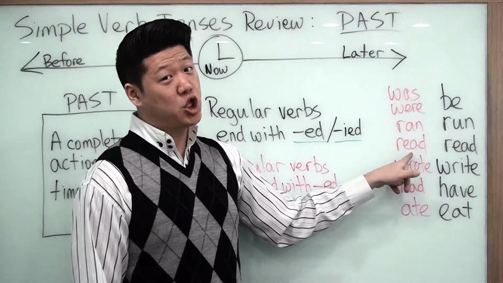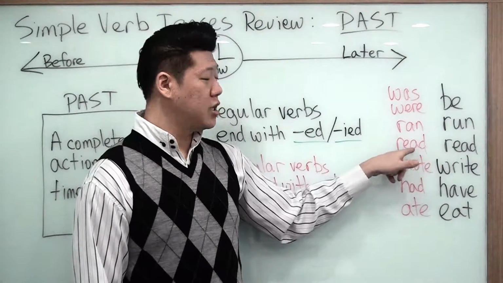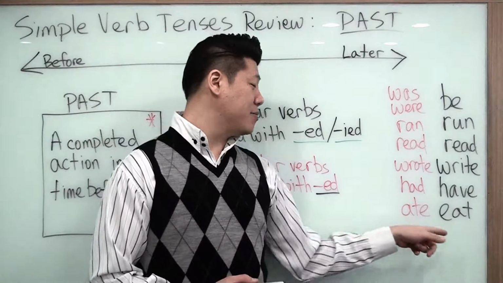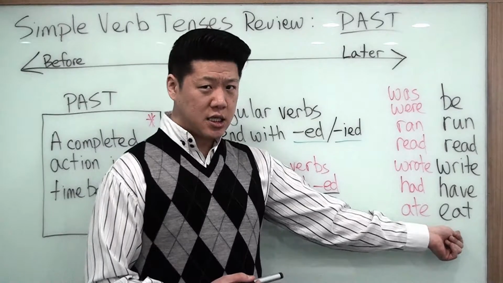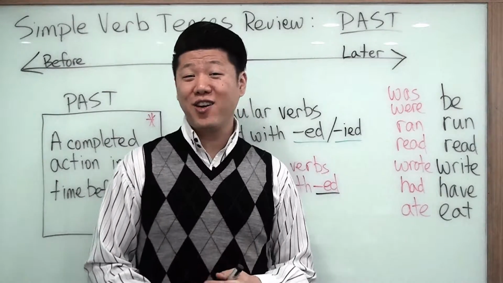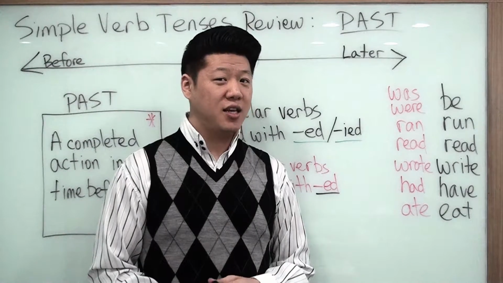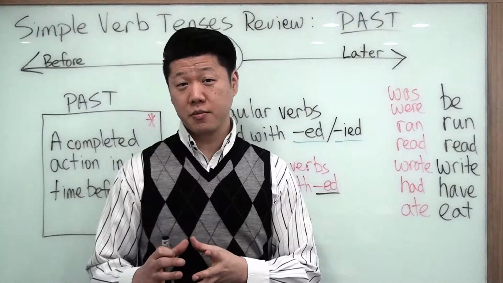Read, the spelling doesn't change, but it's not read, it's read, read. Write becomes wrote, have becomes had, eat becomes ate. Don't write eated. So how do we know that they are irregular? Simple past tense. If it's not an ed ending, then make sure that you know this is an irregular verb.